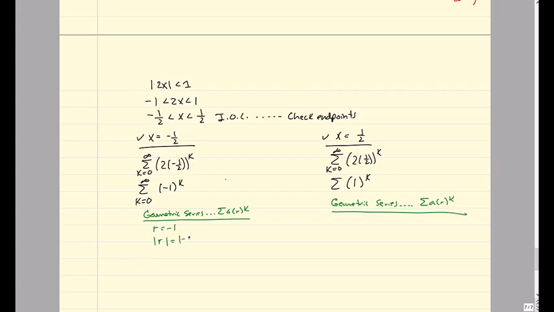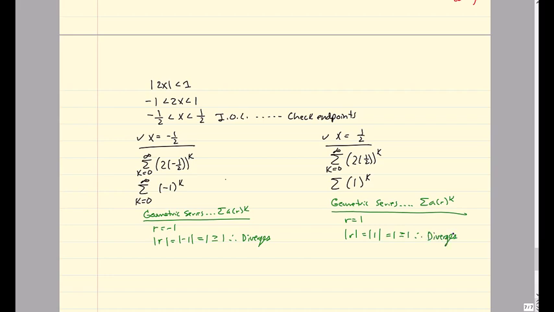I take the absolute value of r, which is the absolute value of -1, which is 1. And for a geometric series, that's greater than or equal to 1, so therefore it diverges. Let's do the same thing here. R is equal to 1. The absolute value of r is what I'm interested in testing. The absolute value of 1 equals 1, which is greater than or equal to 1, so therefore this diverges.